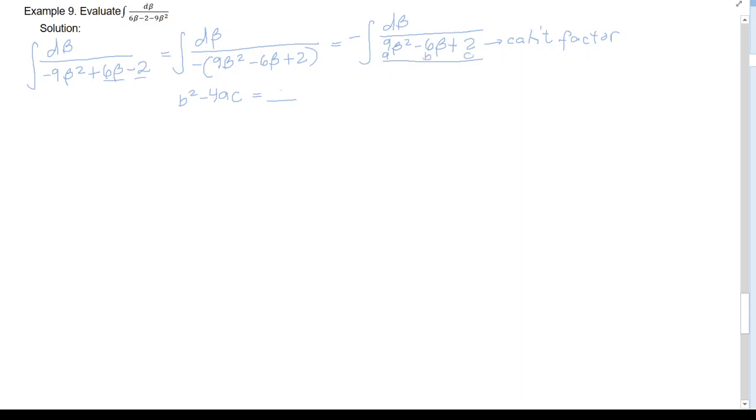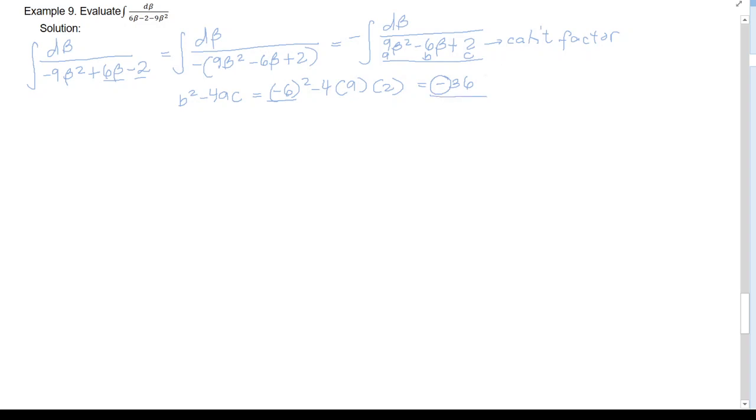Then b squared is negative 6 raised to 2 minus 4 multiplied by a, which is 9, multiplied by c, which is 2. So that is equal to negative 36. We have a perfect square for 36, but for negative, we don't have. So that is not a perfect square.